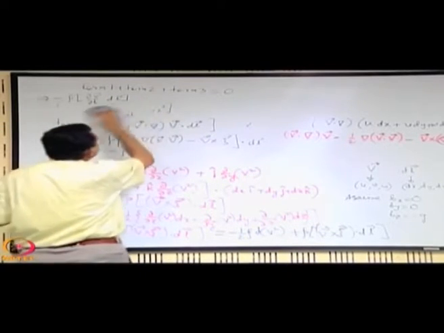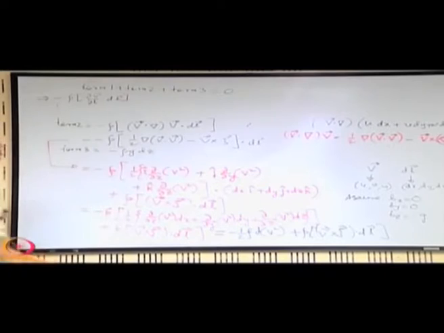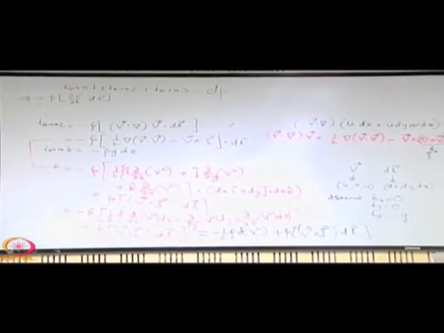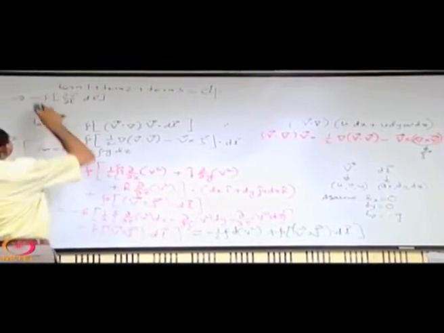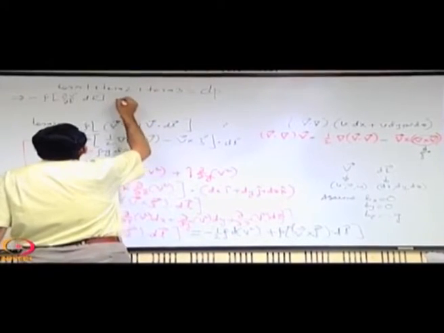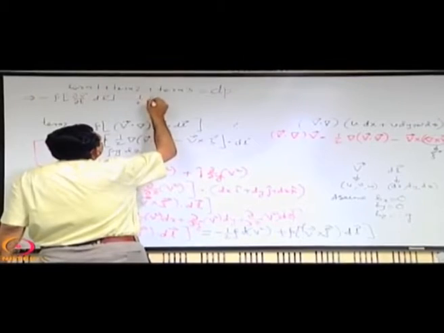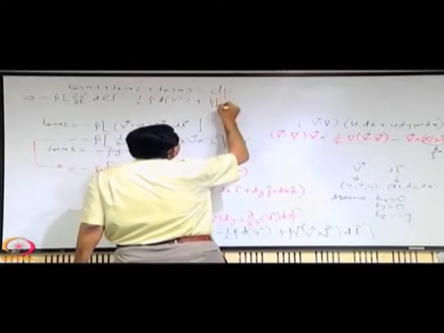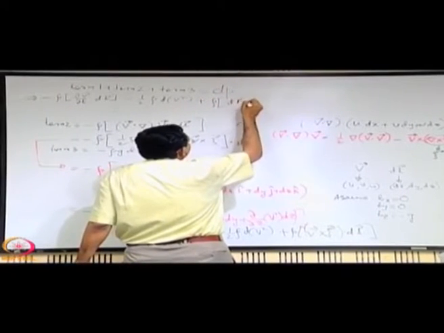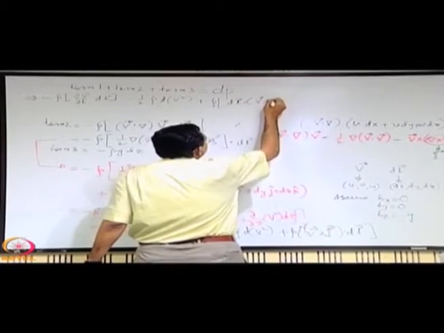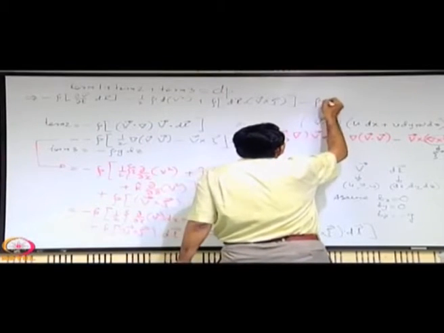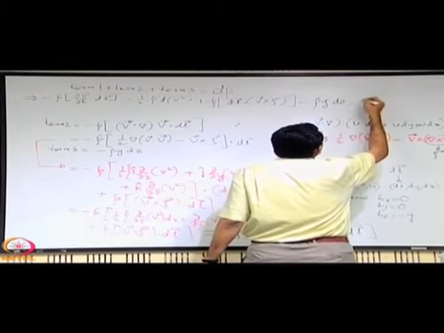Then in place of term 2 we will write minus half rho dv square plus rho dl dot v cross zeta, that is term 2, and term 3 is minus rho g dz, is equal to 0.